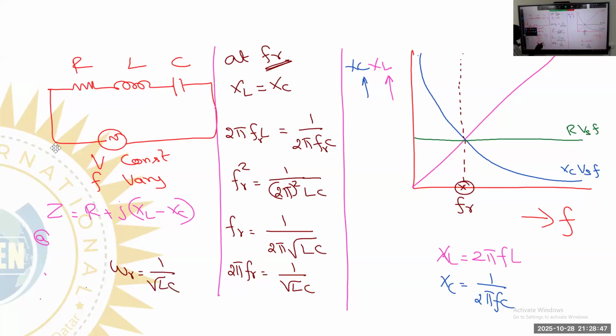So we must remember this formula and this formula. FR is equal to 1 by 2 pi root LC. This is the natural frequency. And omega R is equal to 1 by root LC. It's the angular frequency. So in your exam, they may ask the resonant frequency in terms of hertz or radian per second. So remember both the formulas.